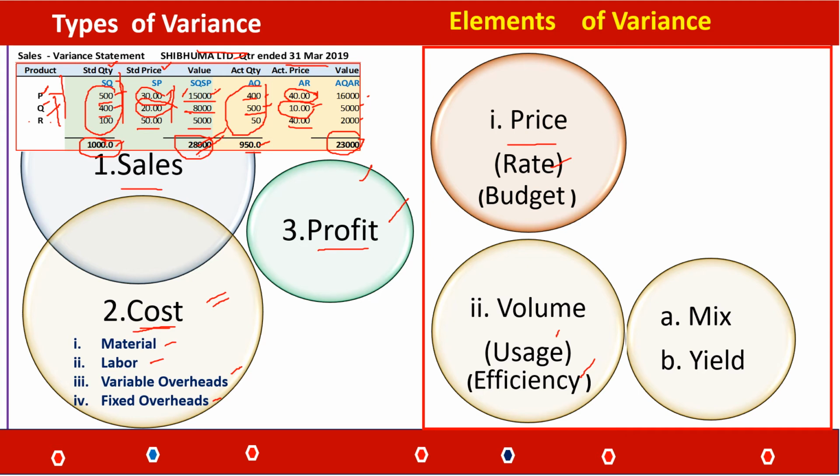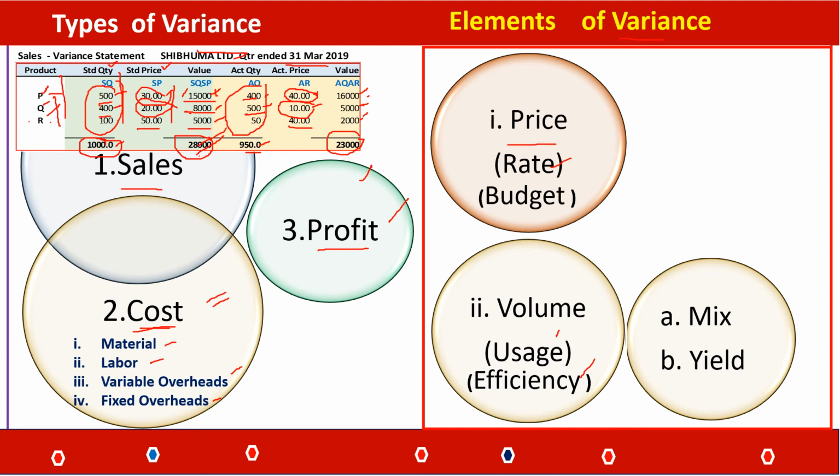Yield. P was supposed to contribute 15,000, but it contributed 16. Q was supposed to contribute 8,000, but it contributed 5. R was supposed to contribute 5,000 rupees, it contributed 2,000. There is a yield from each of these which is varying.